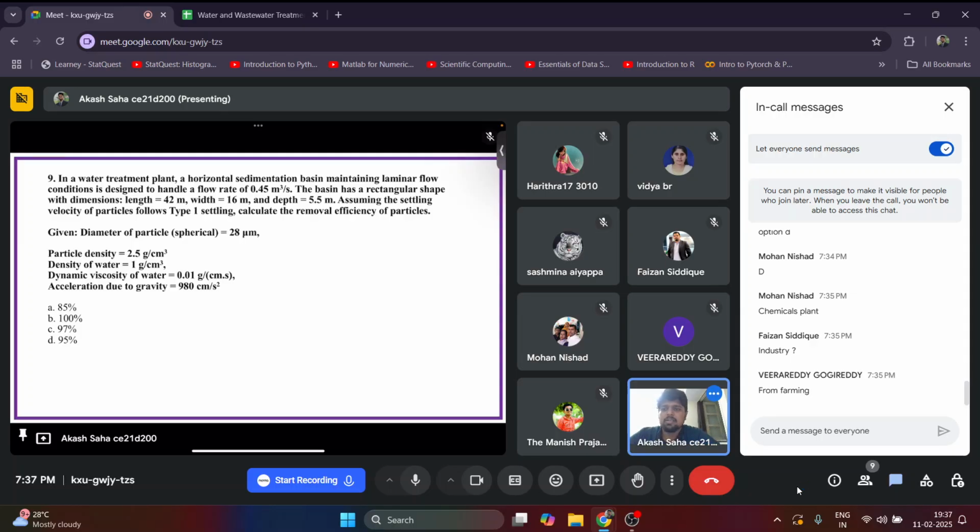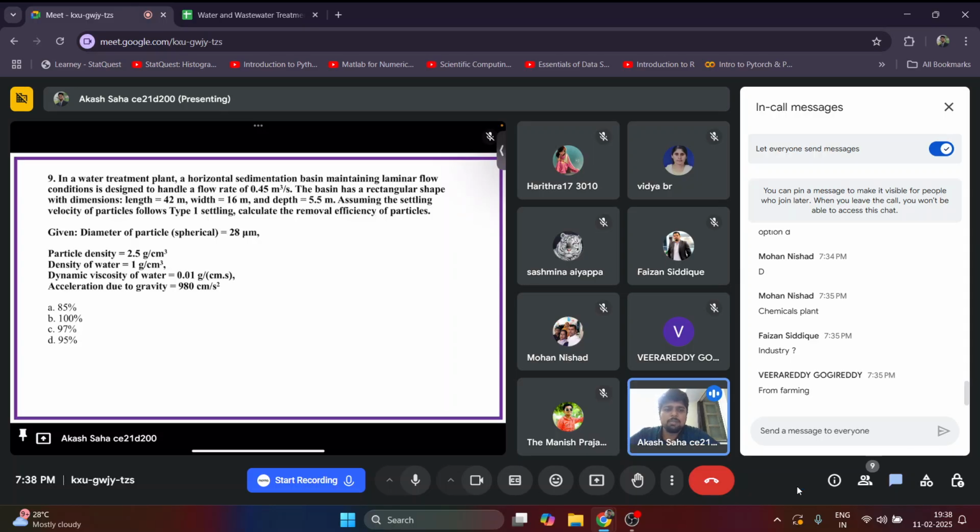Given diameter as spherical of 28 micrometer, particle density as 2.5 gram per centimeter cube, density of water as 1 gram per centimeter cube, dynamic viscosity as 0.01 gram per centimeter second, and acceleration due to gravity as 980 centimeter per second square. So you have to find out the removal efficiency of the particles.